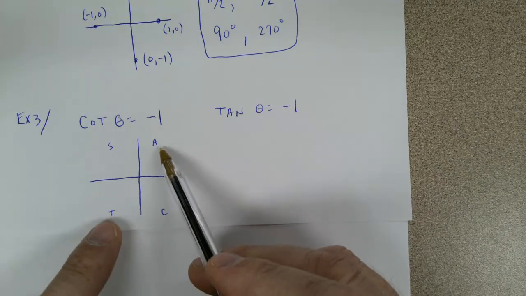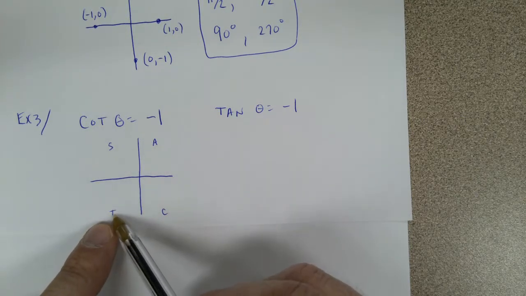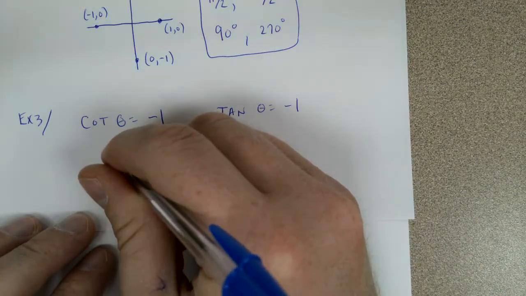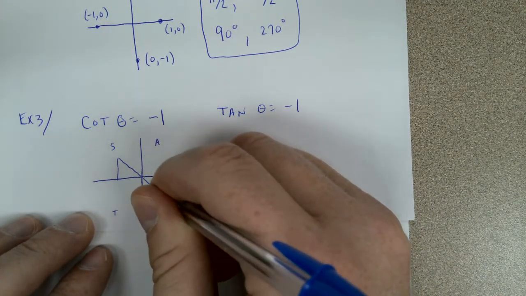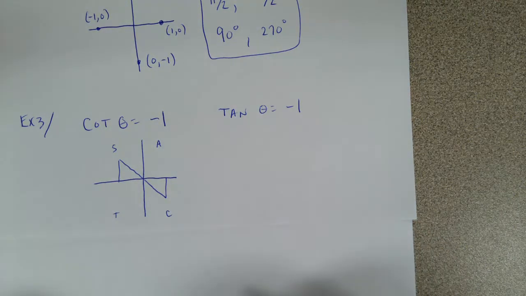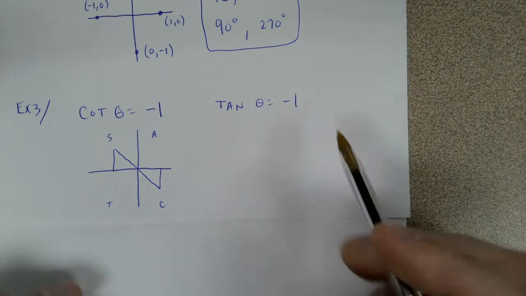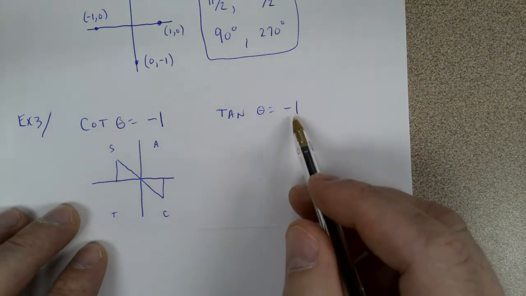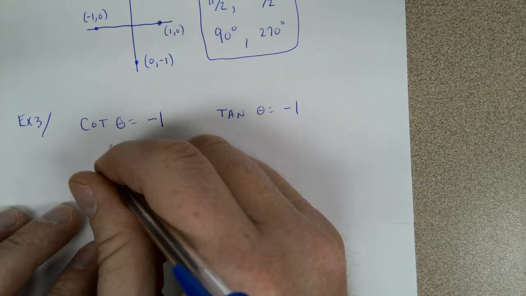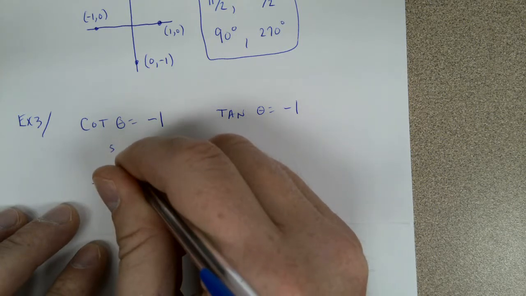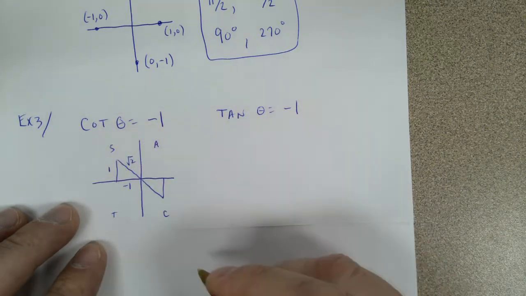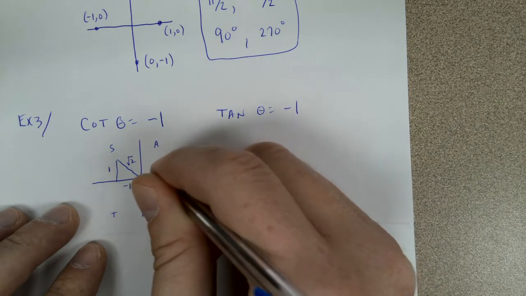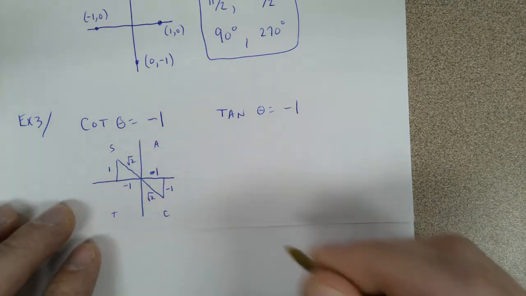Tangent is positive in the first and the third, so it's negative in the second and the fourth. Tangent is opposite over adjacent, so opposite over adjacent is going to be 1, -1, and then here would be your radical 2. Same thing here, -1, that's actually going to be +1 and radical 2.